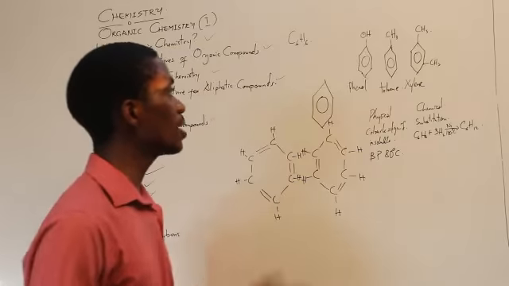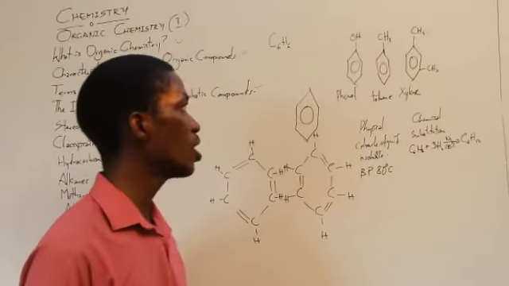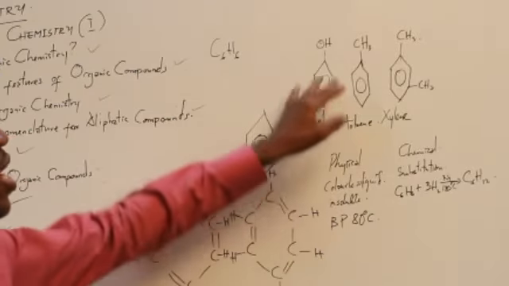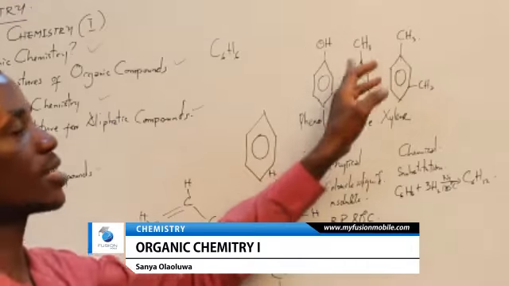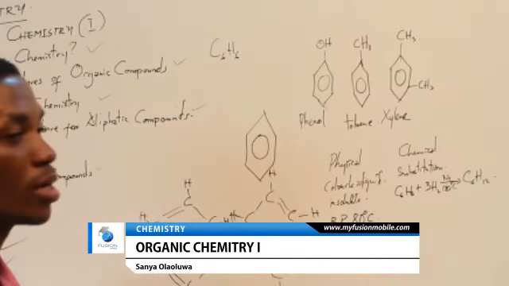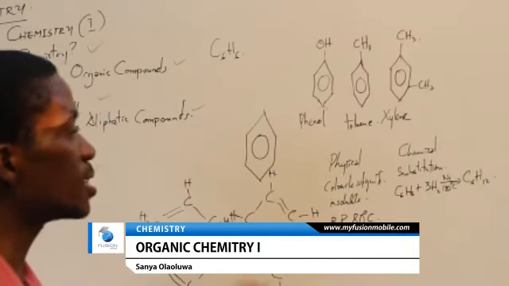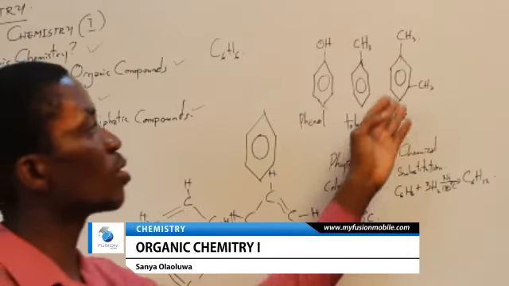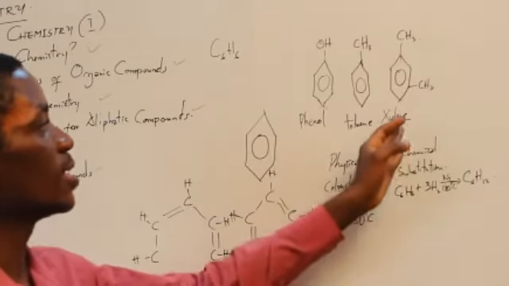All right, we can find it partaking in substitution reaction such that it will form phenol, where it will have hydroxyl added to it. It can form toluene when it has methyl added to it. That is, methyl benzene is known as toluene, and when we have dimethyl benzene, it is known as xylene.